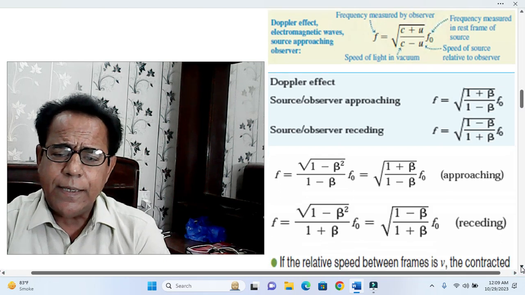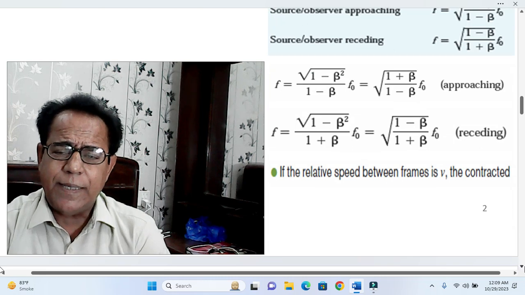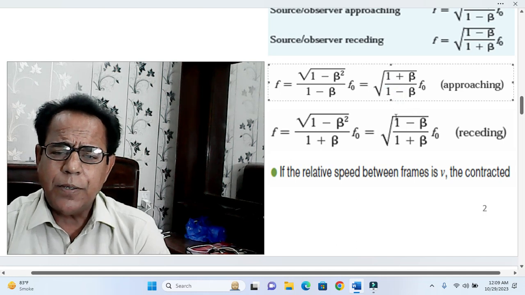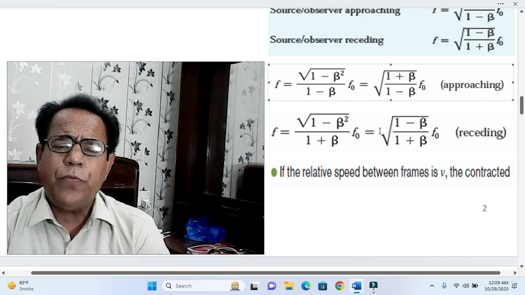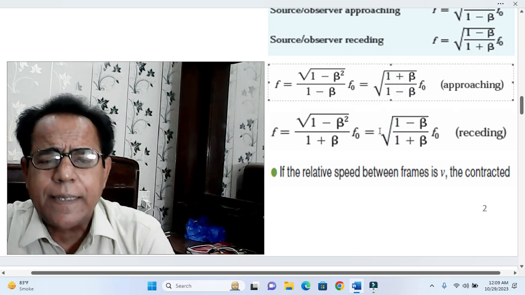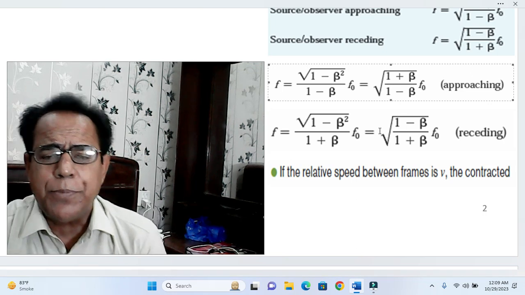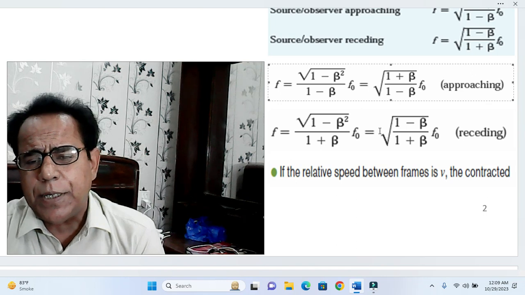Next, again, this type of second snapshot has been further split into two parts. Next, okay, f is equal to under root 1 minus beta square over 1 minus beta into f naught. This becomes equal to under root 1 plus beta over 1 minus beta into f naught.